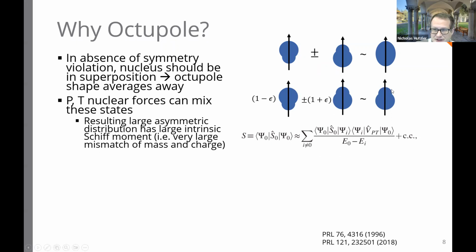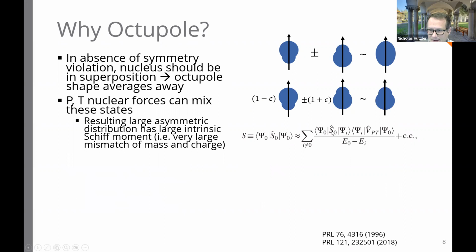And this is nice because remember, this nuclear shift moment depended on the surface of the nucleus in some sense. Now the surface of the nucleus is a big mess, and so these mismatches between charge and mass distributions can be intrinsically very large because of this messy shape.